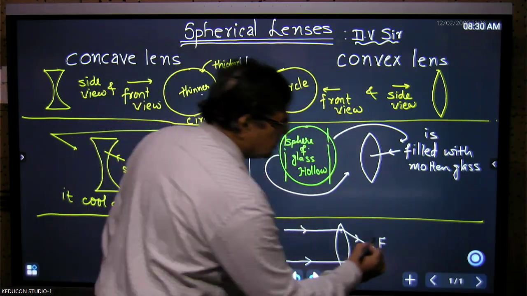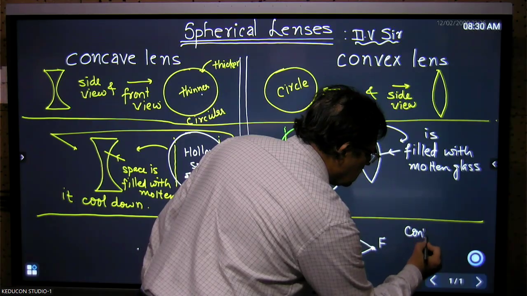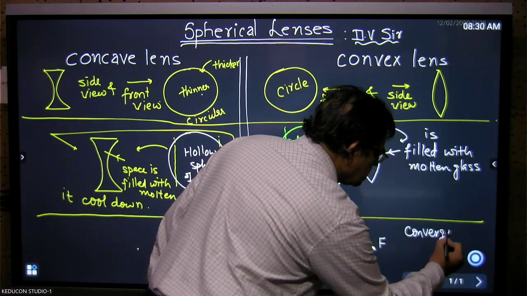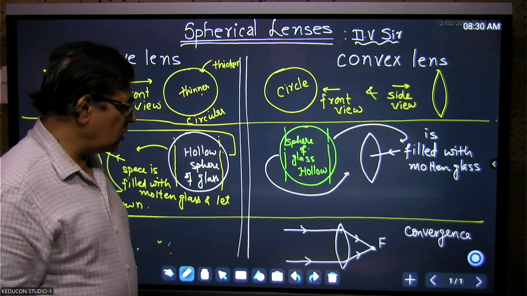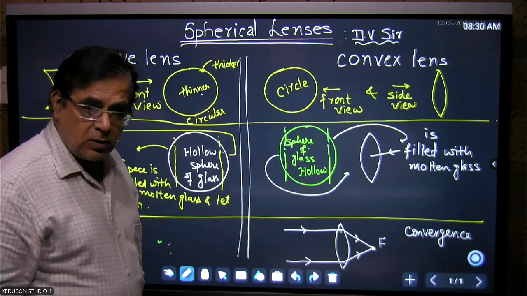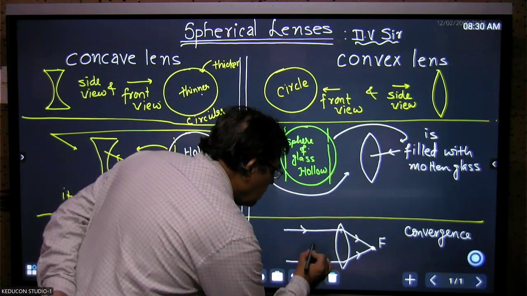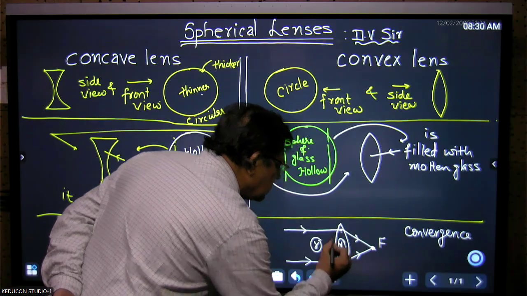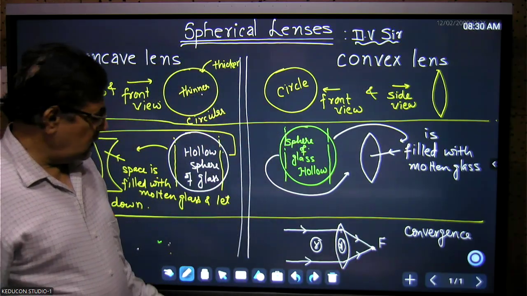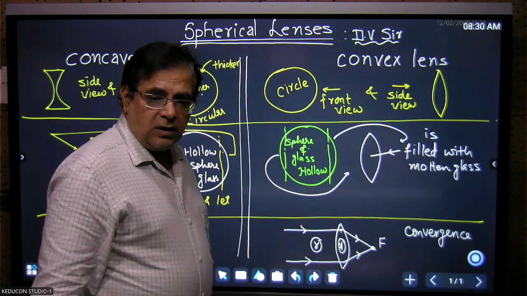The process is called convergence. But important point to note here is this is possible only if outer medium is rarer and the lens material is denser. Then only it is possible.